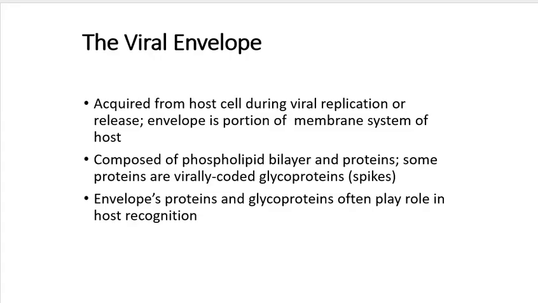They're spikes. The envelope's proteins and glycoproteins play a huge role in host recognition because it's very difficult for your immune system, just FYI, to recognize: is this an envelope virus, or is this my cell? It makes it hard, okay?